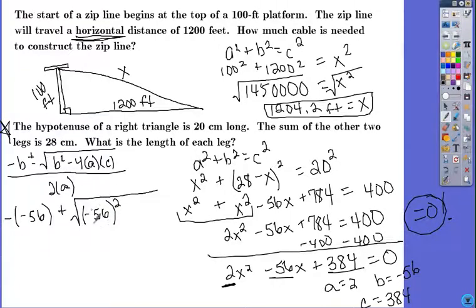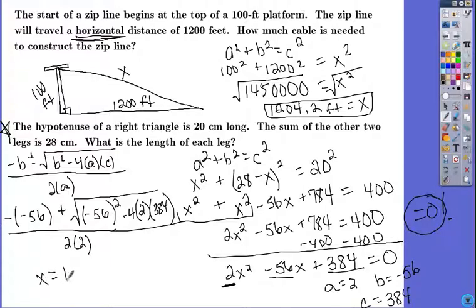I want to square negative 56, so it needs to be in parentheses. So negative 56 squared minus 4 times a times c, which is 384. All of that over 2 times a. And if I was to plug that into my calculator, I would end up with x equals 16.